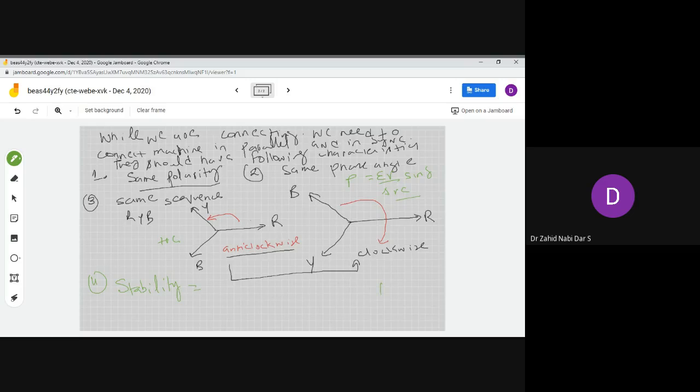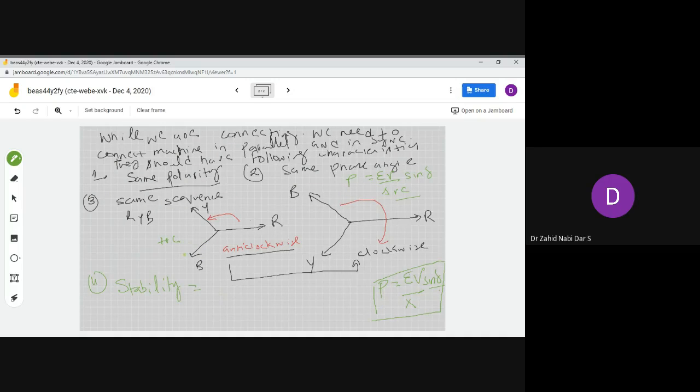You must have studied the formula; if you have forgotten, please revise it. Here sine delta is the torque angle, X is the synchronous reactance, V is the terminal voltage, and E is the excitation voltage.